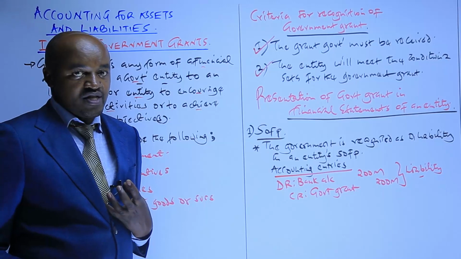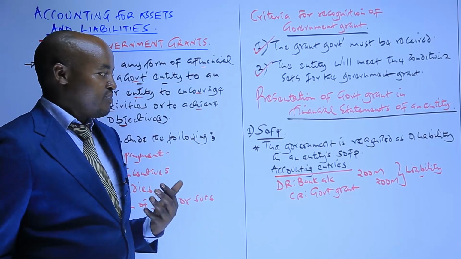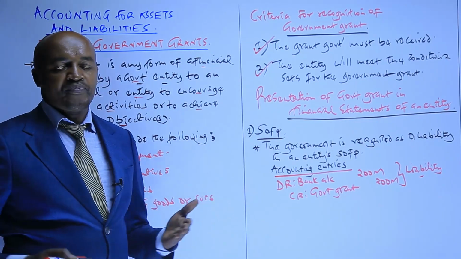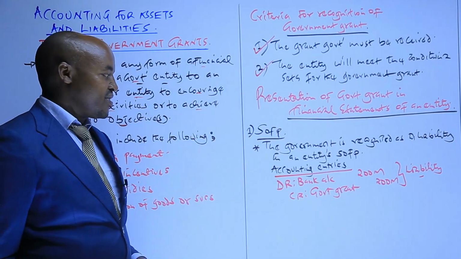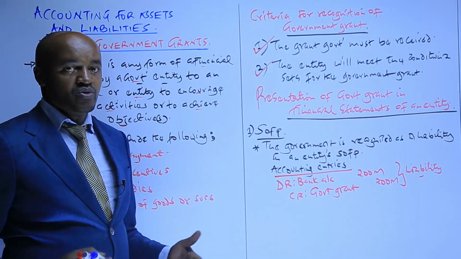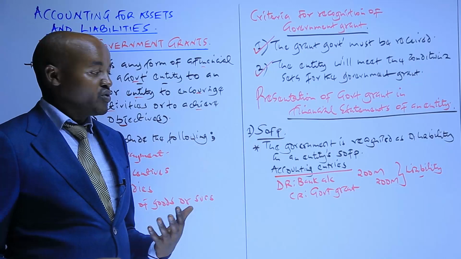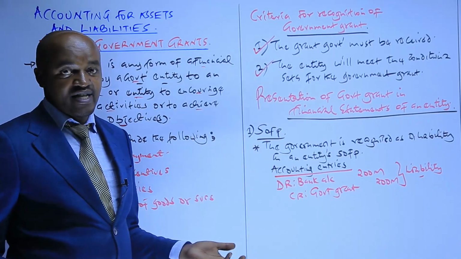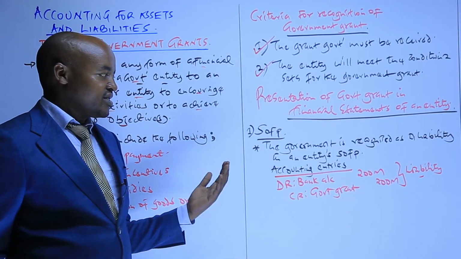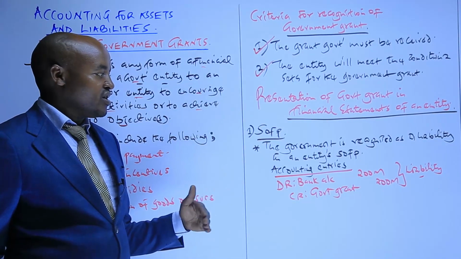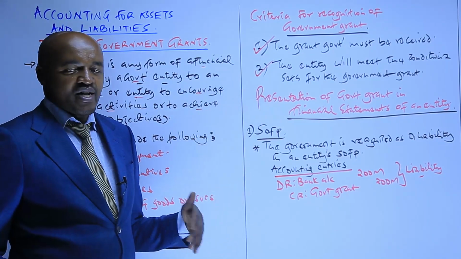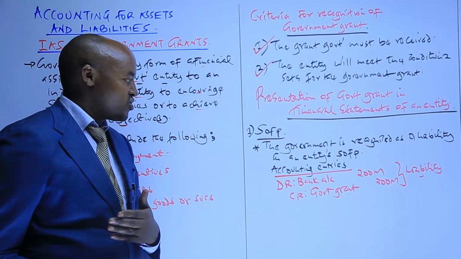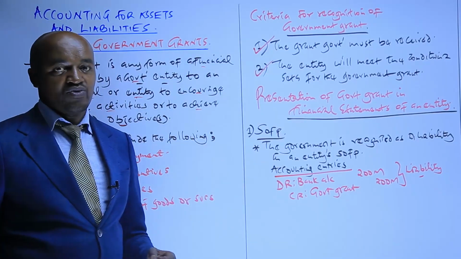The organization is receiving this money basically to undertake such a project. So this should not be recognized directly as income, because if it were just money given to an organization, and the organization is not required to undertake a project, then the organization should just go ahead and recognize that as income.